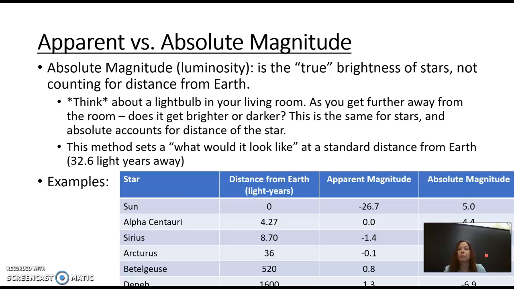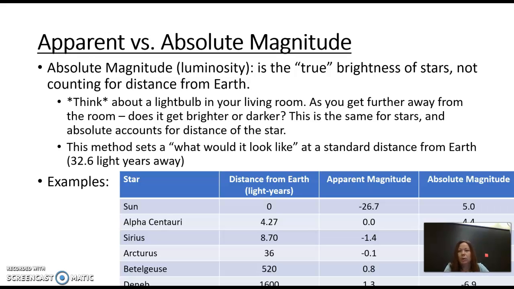As you back away further and further, it gets darker or dimmer, but the actual light bulb itself isn't changing. It's just our viewpoint of it. So that's why absolute magnitude is a little bit more important. It measures exactly what that brightness is, and helps account for the actual brightness versus how we see it from our Earth sky.